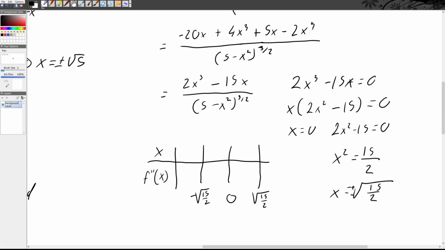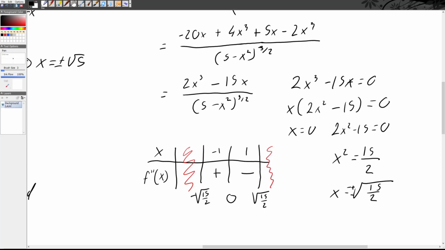So we can simply pick around 1 and negative 1. We put in 1, we get that this is going to be a negative value. We put in negative 1, and we get that this is going to be a positive value. In this case, we note that negative square root of 15 over 2, that is outside of our domain, so nothing exists out there. And same reason, nothing exists out there.